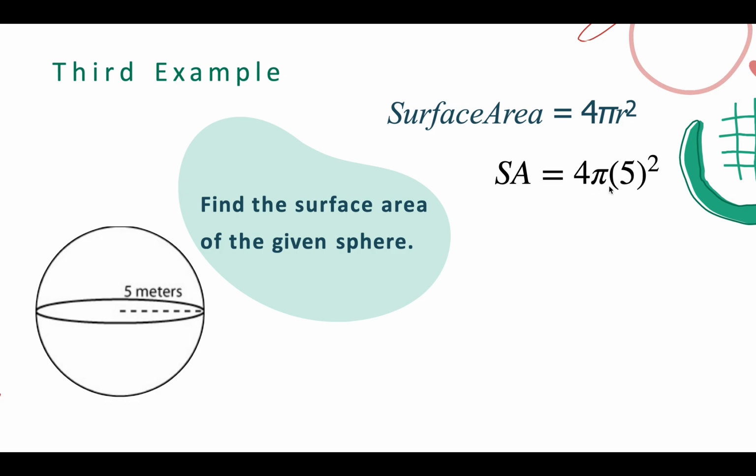So that will be 4 pi 5 squared. And then multiply 5 by itself. So that will be 25, because 5 times 5 is 25. And then multiply it by 4, so we'll have 100 pi meters squared. So that will be the final answer for the surface area of the given figure.